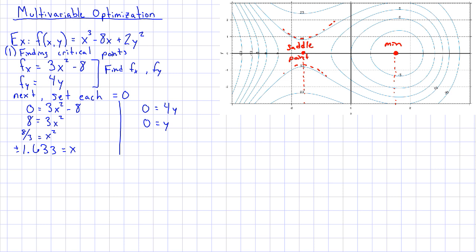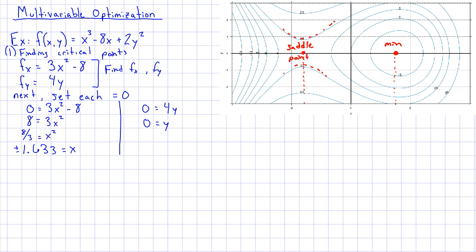Now, I need to take all the combinations of these in order to get all of my points. So I will pair both of my x components with my y component. If I had a second y value, then I would pair both of them with each of the y and end up with 4 points. So be careful, you do need to consider all the possible combinations.